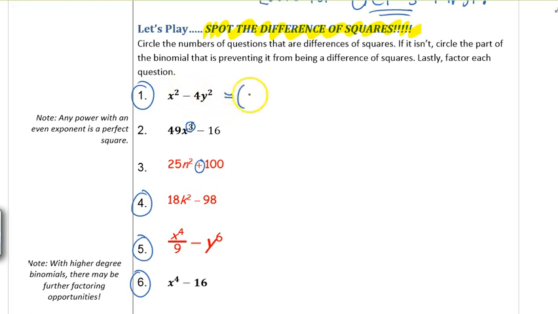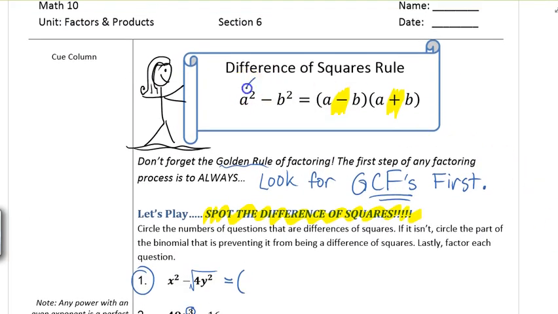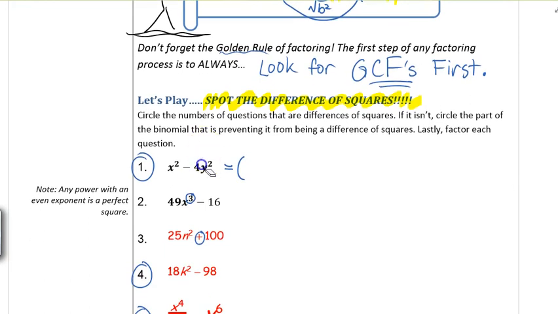When we factor this guy, it's going to be we take the square root of the first minus the square root of the second, and then the square root of the first plus the square root of the second. Remember, we're going to use this to get from here to here, you have to root the a squared. To get from here to here, you have to root the b squared. Okay, so we're rooting. Root, root, root, root.